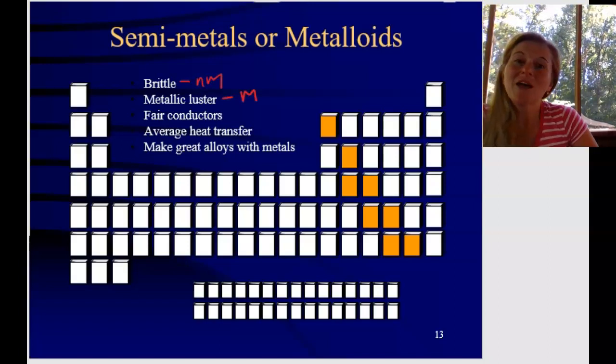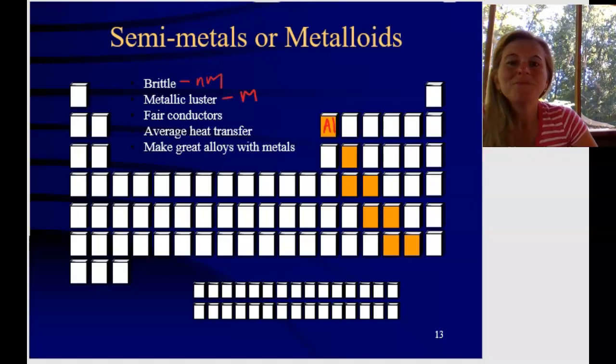but they're not awesome. Think aluminum, right? Aluminum, this guy right here, he conducts electricity a little bit of heat, which is good, helps us with cooking. And all of these guys make great alloys with other metals.